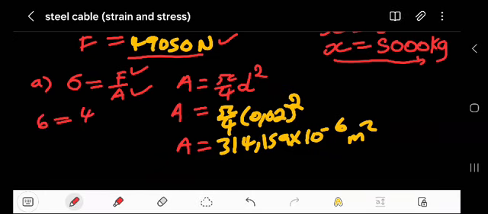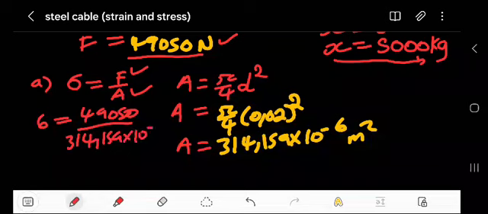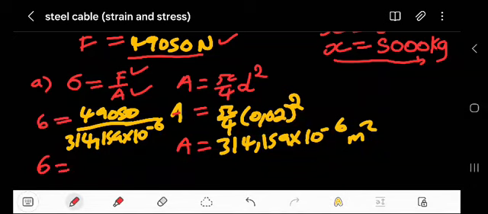Force is 49050 over 314.159 times 10 to the power of minus 6. Then if we punch those, ladies and gents, what we'll strictly have there is 156.131, or simply megapascal.